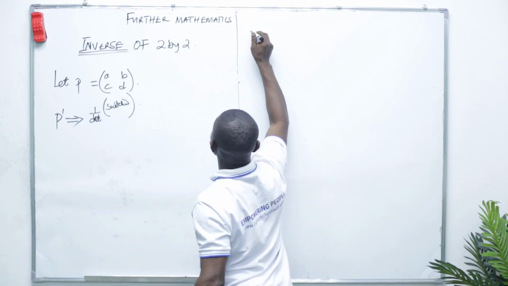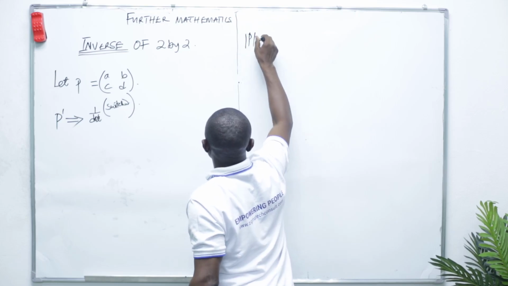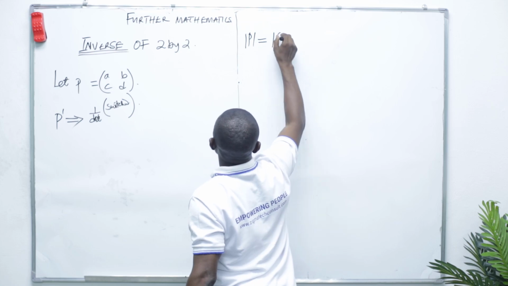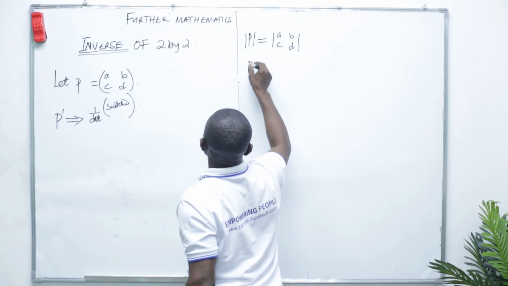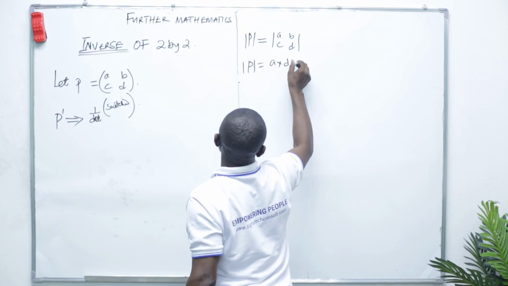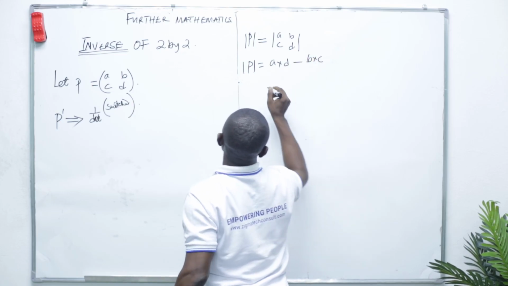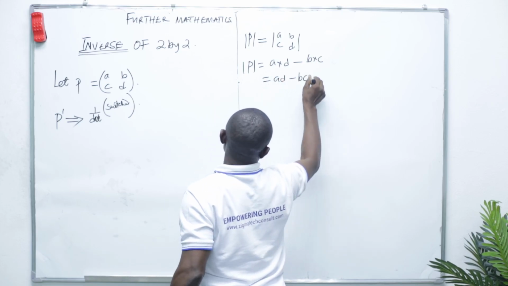First of all, get the determinant. The determinant of P, that is A, B, C, D, equals A multiplied by D minus B multiplied by C, which will give us AD minus BC.